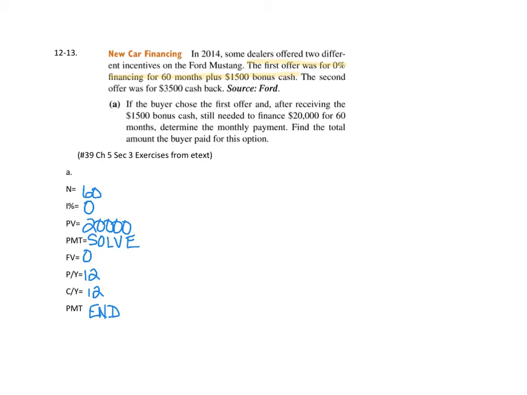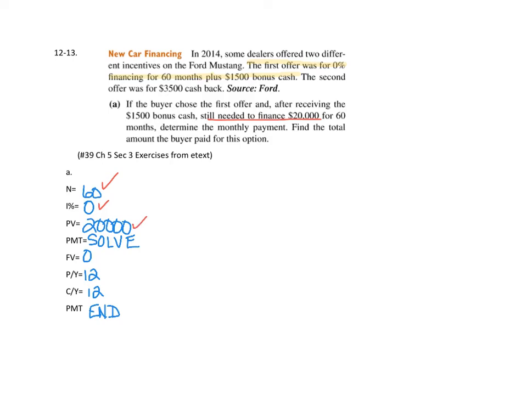Number 12 gives you a comparison of two different financing methods for a car. In the first method, the first offer was for 0% financing for 60 months. So 0 interest rate for 60 months. And once the buyer chose that offer, they still needed to finance $20,000 for the 60 months to buy the car.